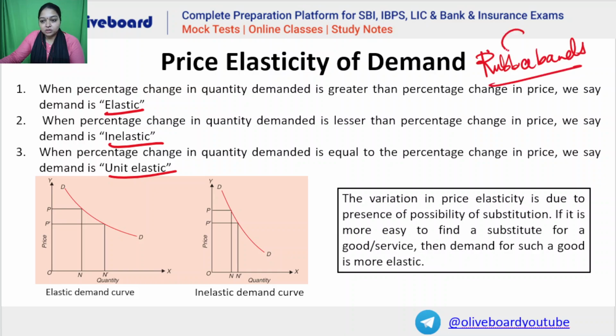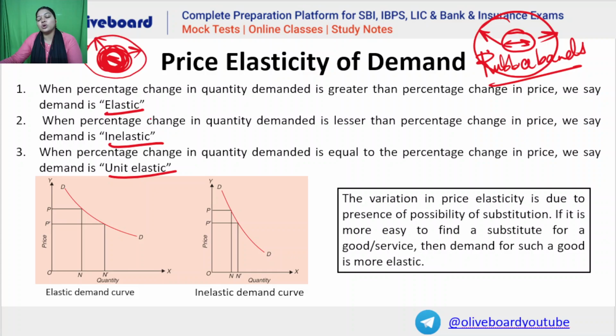If this is a rubber band and it is elastic, even with less force, it will expand a lot. But if the rubber band is very thick, like this, even with more force, it will expand only a little bit. So please apply the same understanding to elastic and inelastic demand.